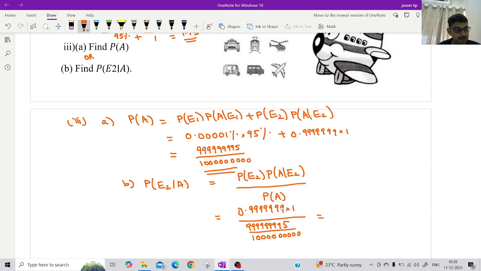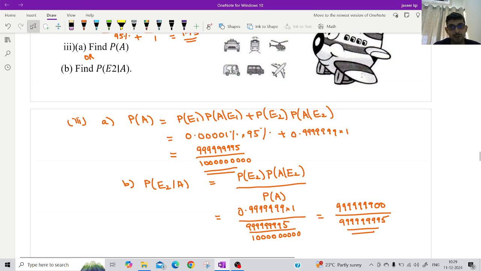Again simplifying this, we'll be getting the answer. Okay, so this will be coming as the answer. So please do verify the calculation part.